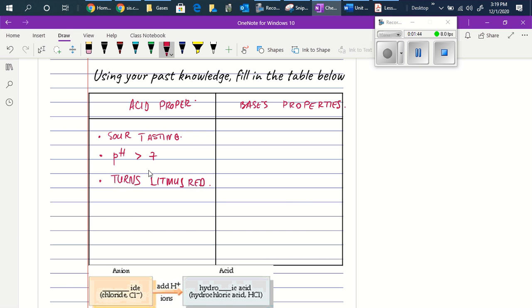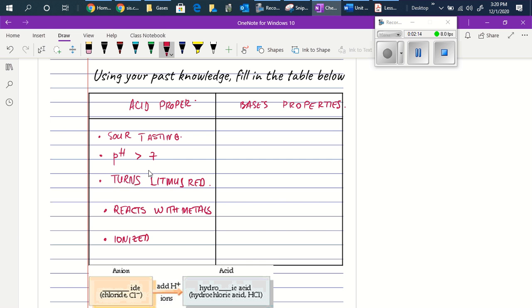And they react with metals to form a salt and water, and then they are ionized in water.